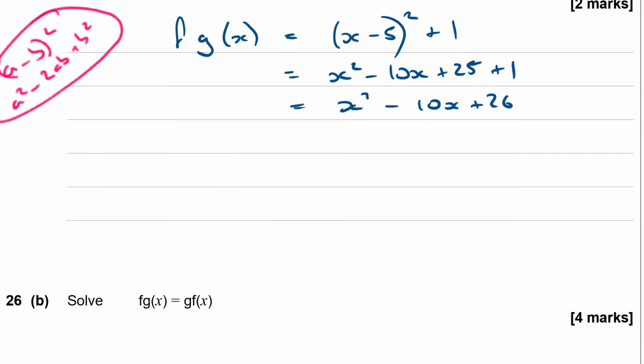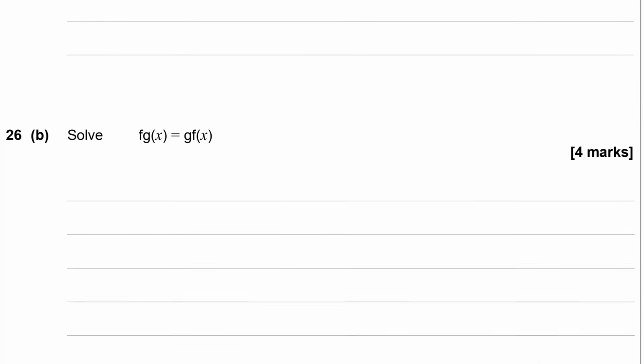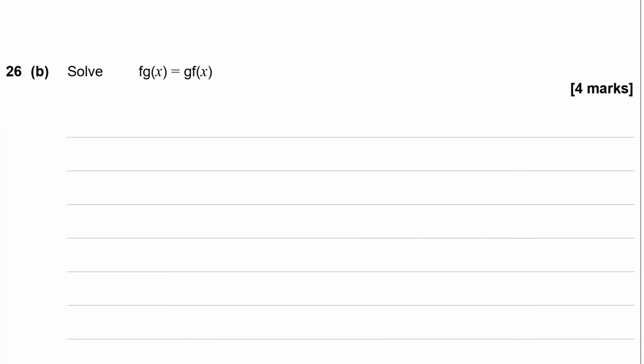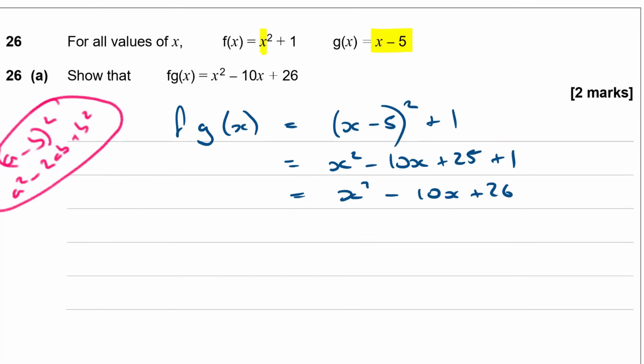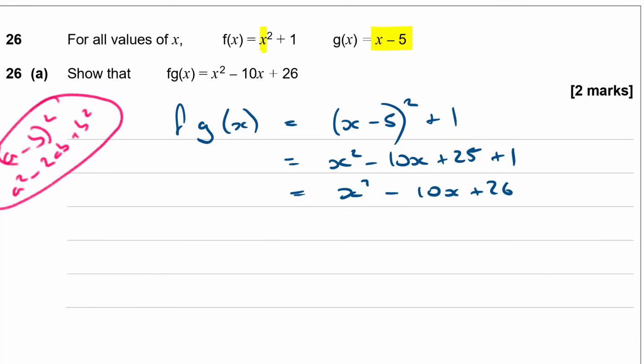Now part B says solve fg of x equals gf of x. Okay, so we've already worked out what fg of x is. What's gf of x? So gf of x is equal to, well, we take our function f of x and we feed it into our g of x. So this time round, our x is here and we're going to replace it with this expression.